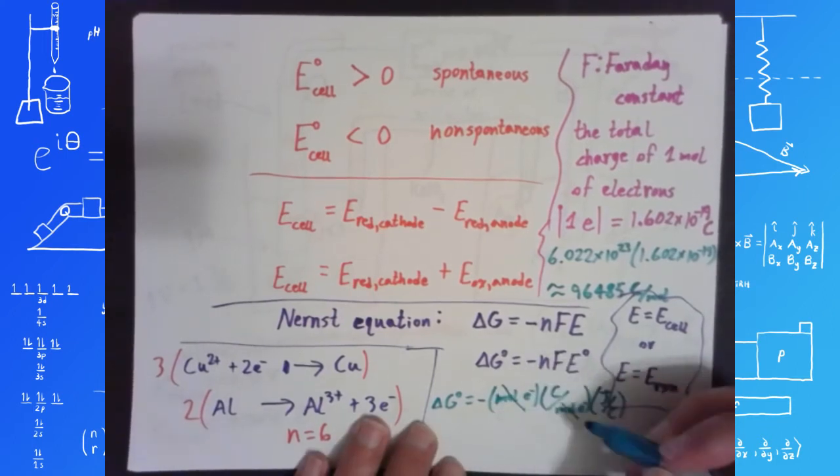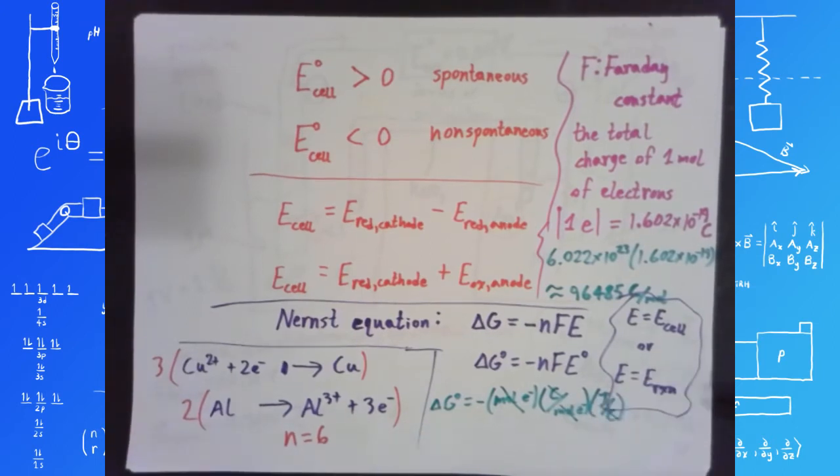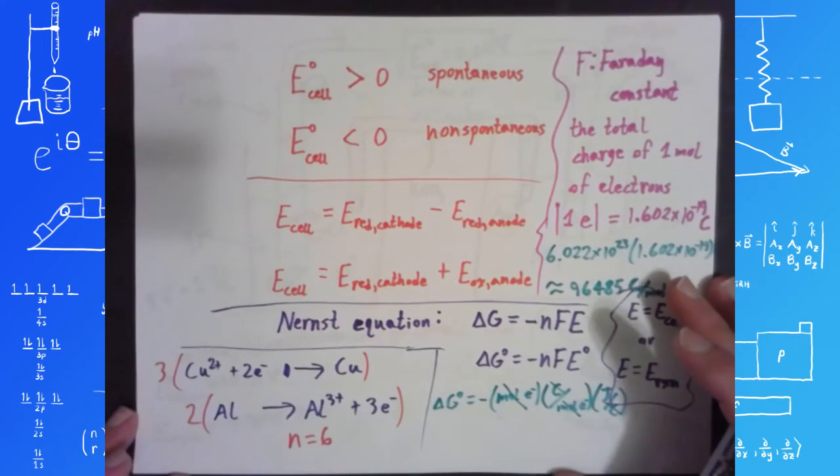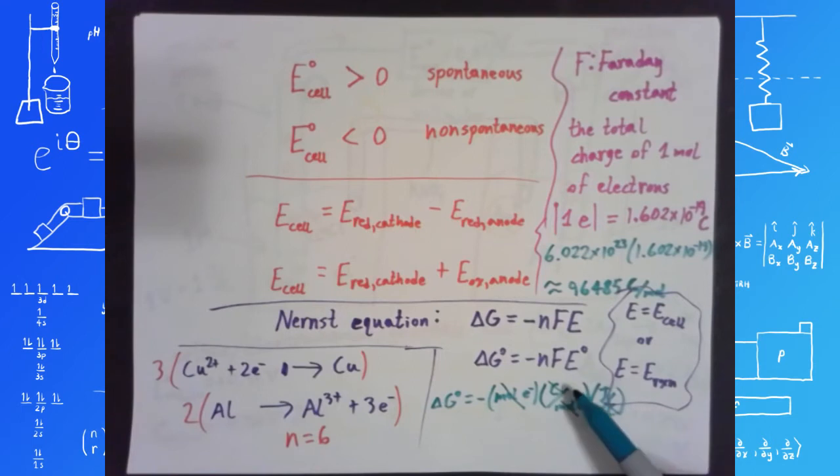So moles and moles cancel out, coulombs and coulombs cancel out, and you get delta G in joules. Be very, very careful about that. In the previous video, we got used to delta G being in kilojoules. If you apply the Nernst equation and you plug in the cell potential in volts, you will get joules. And if you need to convert that to kilojoules, you need to remember to divide by 1,000. The Nernst equation typically gives you delta G in joules.